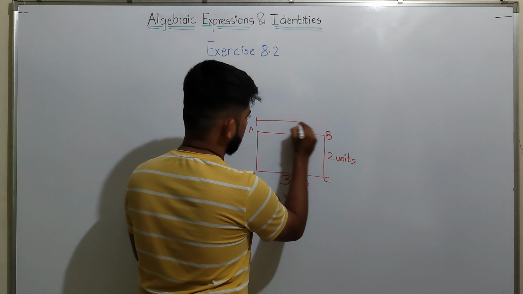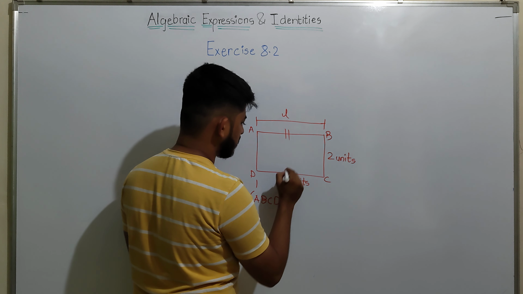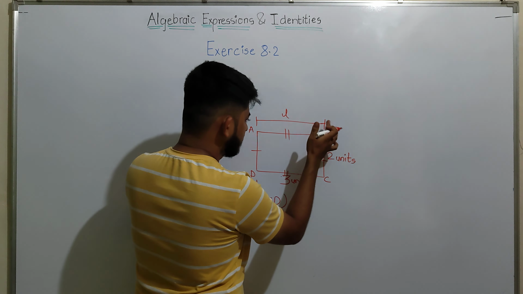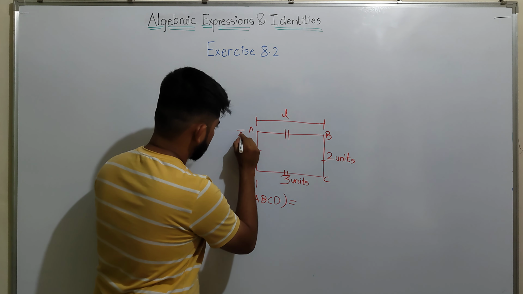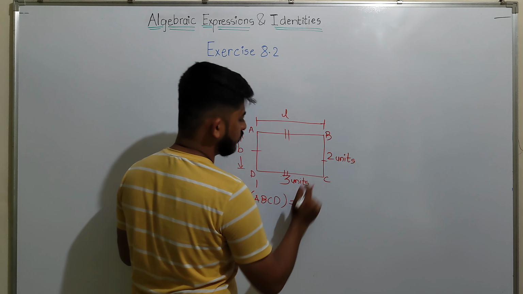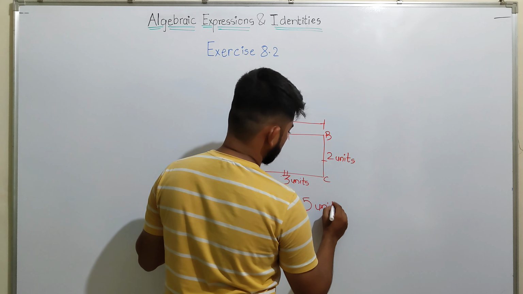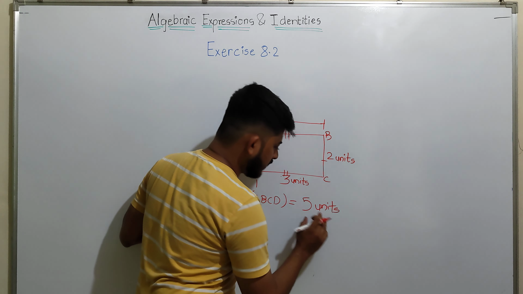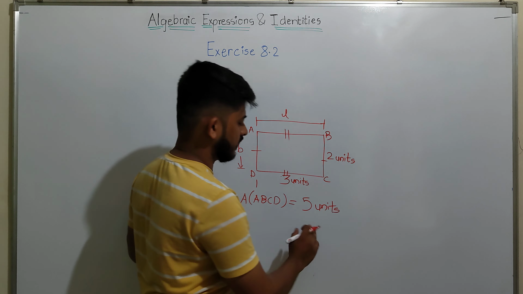Now this is the length. Now obviously these are equal, right? Opposite sides are equal. So this is length and this is breadth, right? 3 into 2, 6 units. And suppose you have centimeter over here. Now centimeter into centimeter, centimeter square, right?